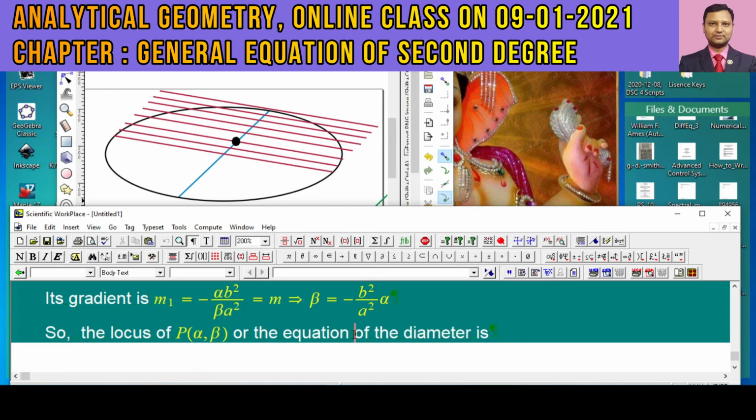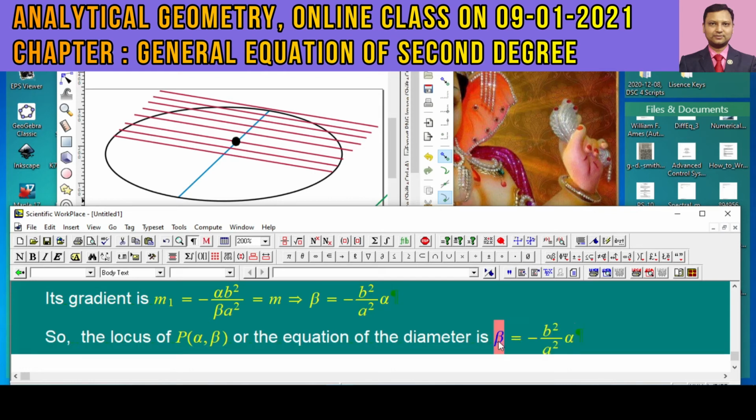The equation of the diameter would be obtained when beta is replaced by y and alpha is replaced by x. In this fashion we will be able to find the equation of this kind of diameters.